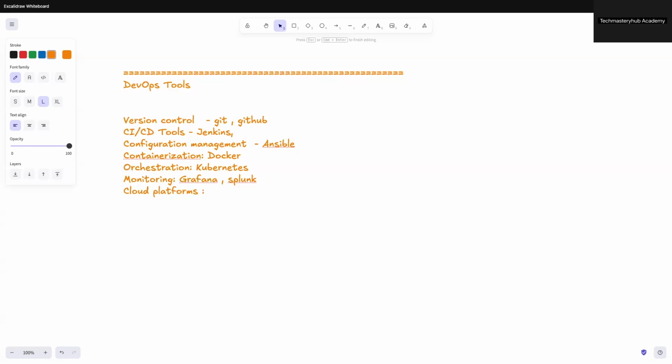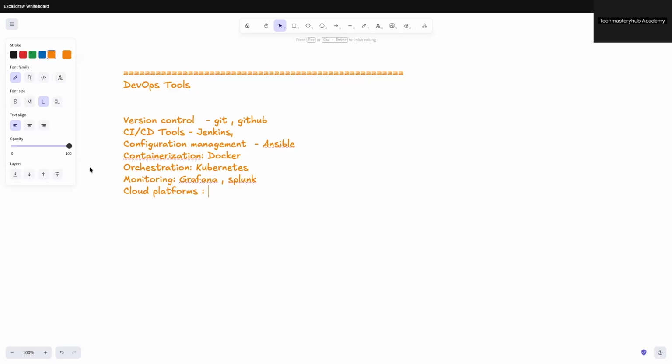The purpose is to host applications and infrastructure. Instead of managing physical servers, companies use cloud services. Cloud provides scalability, flexibility, and a pay as you use model. And most DevOps tools integrate directly with the cloud platforms.